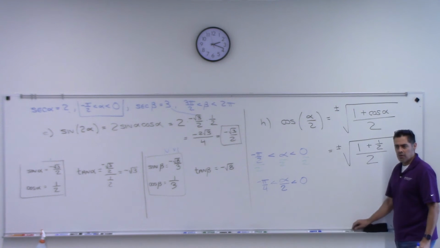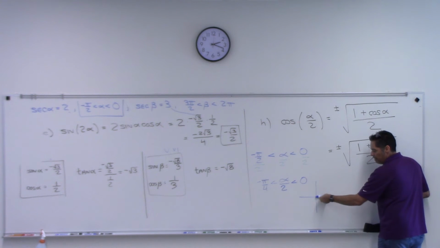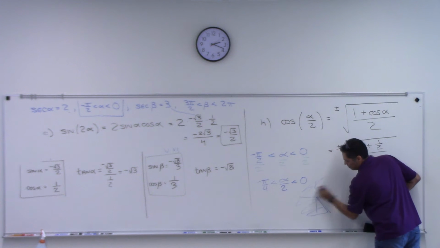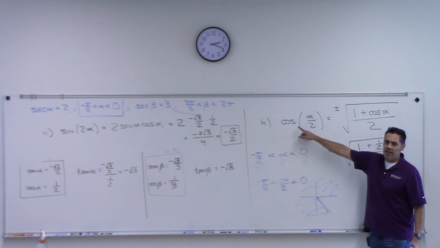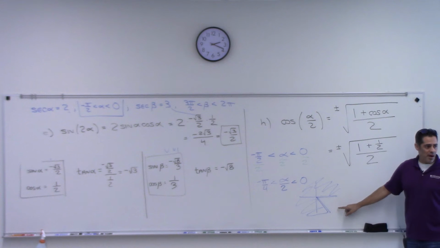Still in the fourth quadrant, aren't we? We're still in the fourth quadrant because negative pi over 4 is here, 0 is there. So we're right in this little region right in there. So if that's where alpha over 2 is, and we want to know cosine, that's the x coordinate, right? Cosine is the x coordinate. My answer should be positive.